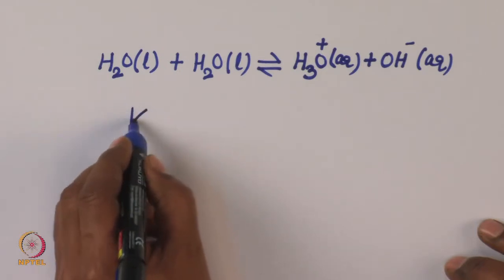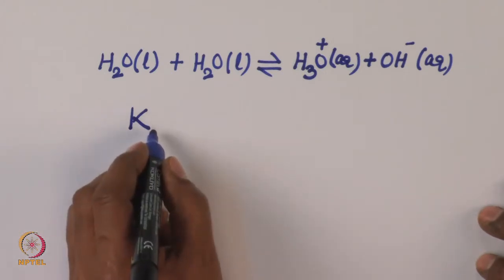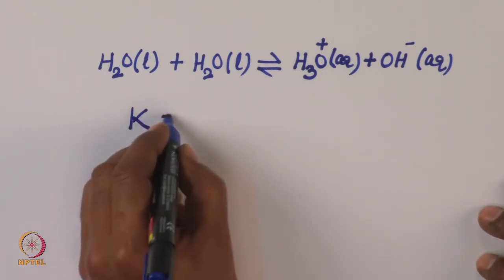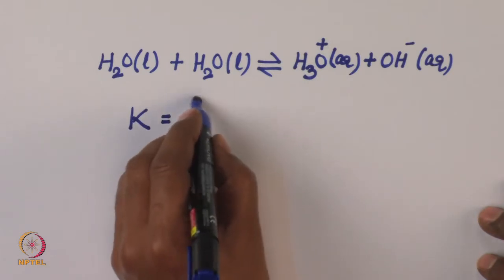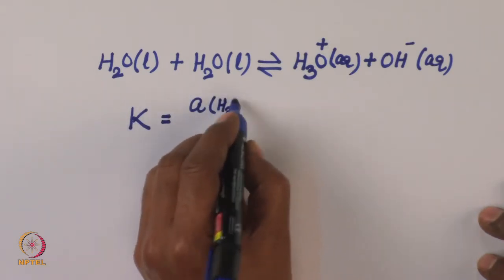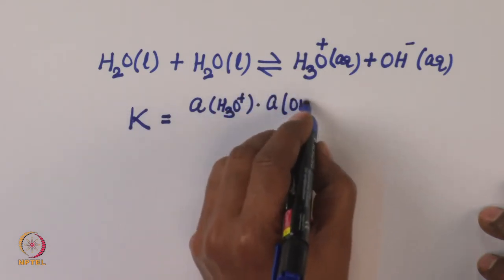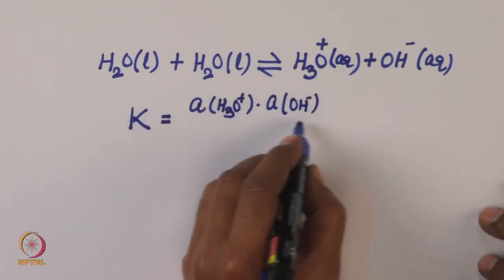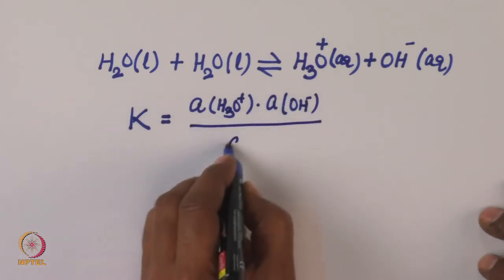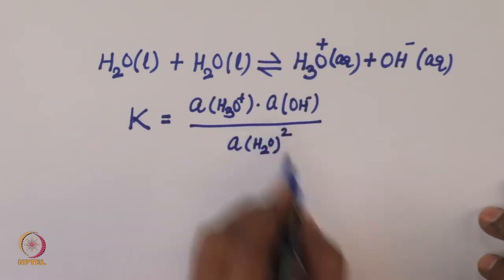And autoprotolysis constant, if I write actually K for this, it will be activity of H3O plus into activity of OH minus over activity of water squared.